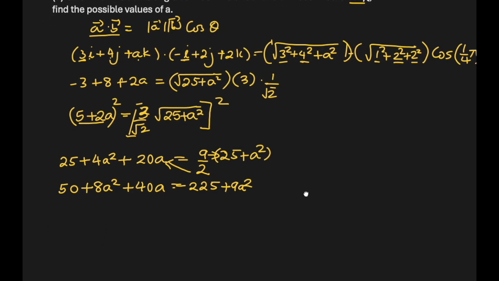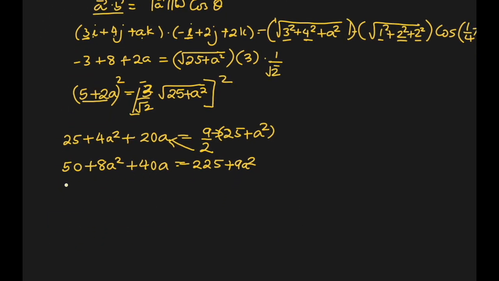Okay, let's bring everything to the right side. So 0 left here, and this 8a square will come here with 9a square. So 9a square minus 8a square is just a square. Then 40a will become negative 40a. And then 225 minus 50 will be 175.